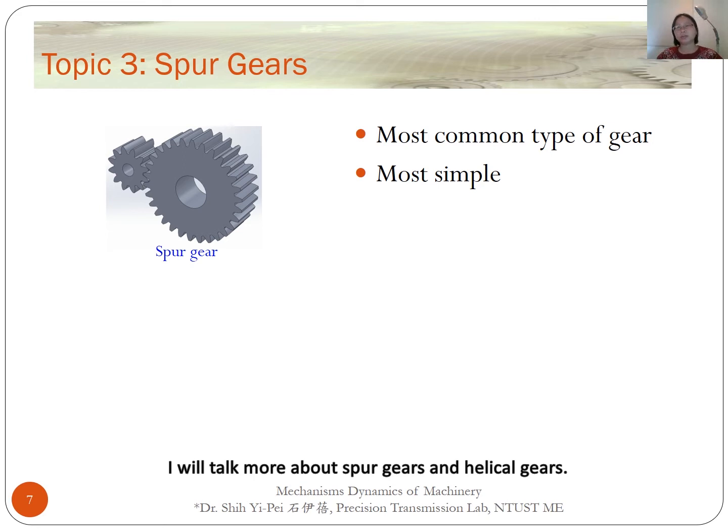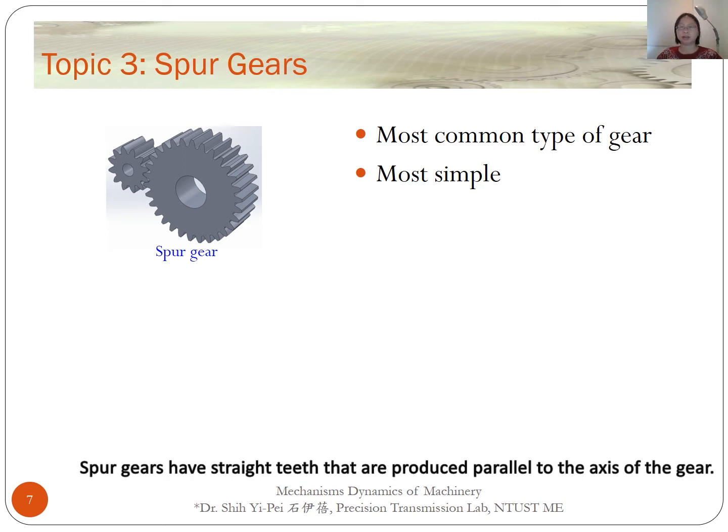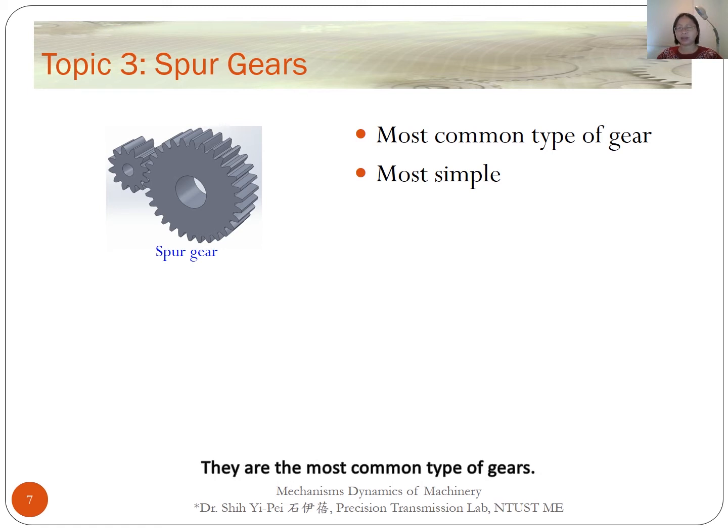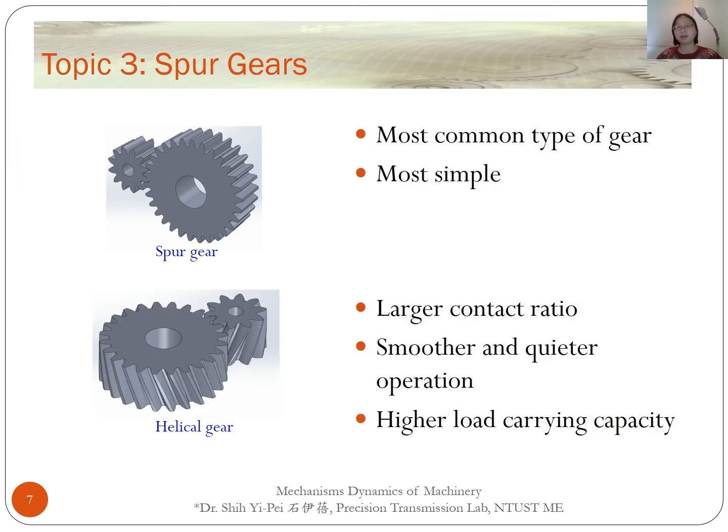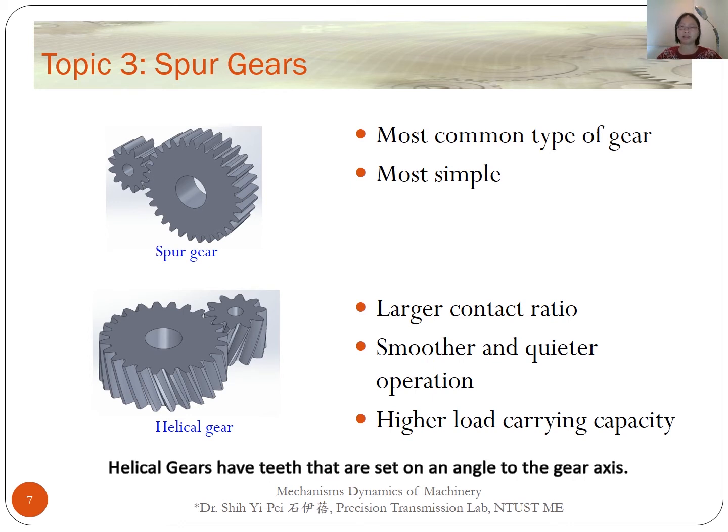I will talk more about spur gears and helical gears. Spur gears have straight teeth that are produced parallel to the axis of the gear. They are the most common type of gear and are also the simplest. Helical gears have teeth that are set at an angle to the gear axis.